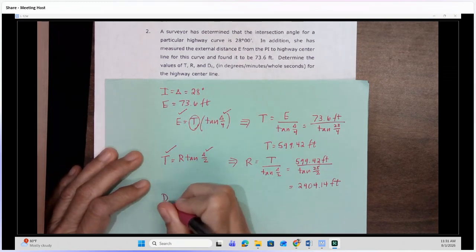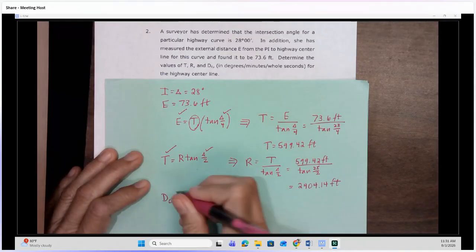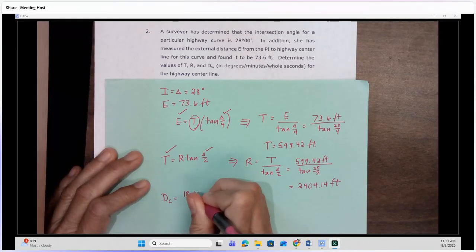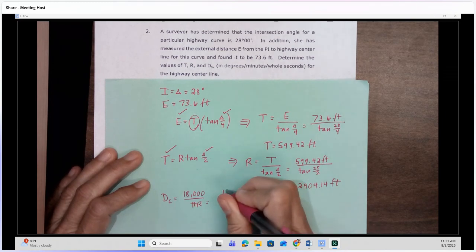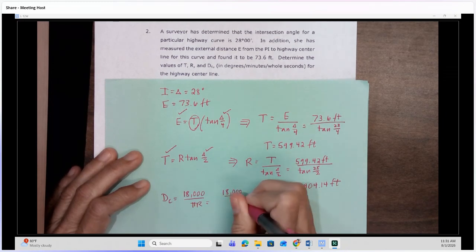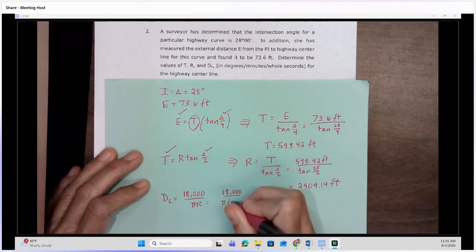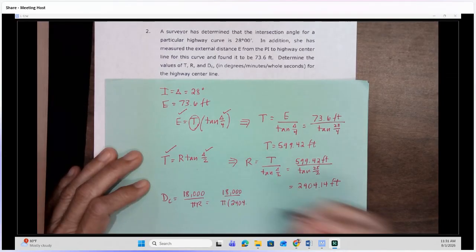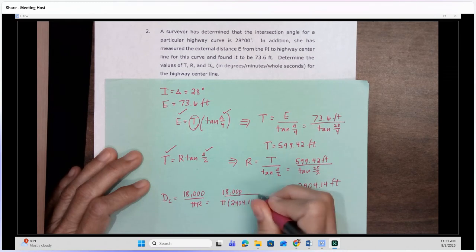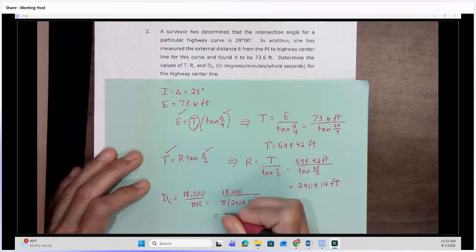And then the last thing here is to solve for the degree of curve in degrees, minutes, seconds. So my degree of curve formula is 18,000 over pi r. So this becomes 18,000 divided by pi times 2404.14. And that is 2.3831 degrees.